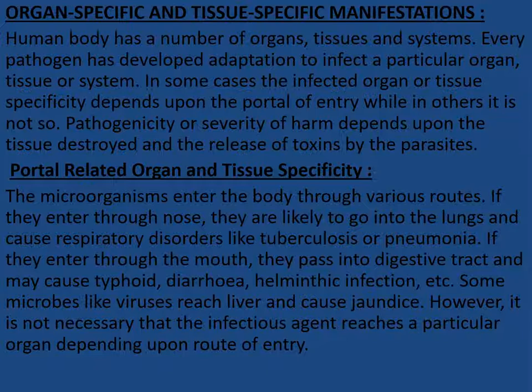Now look here, the human body has a large number of organs, tissues and systems. Our heart is one organ, our blood is a tissue, and our digestive system is an organ system.